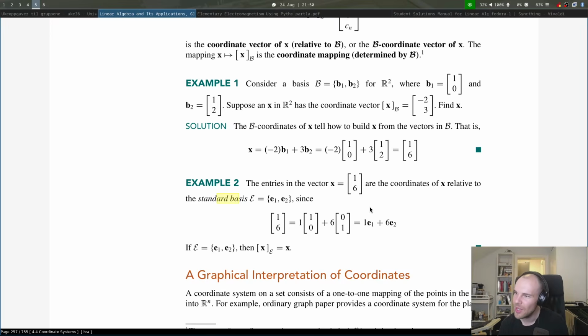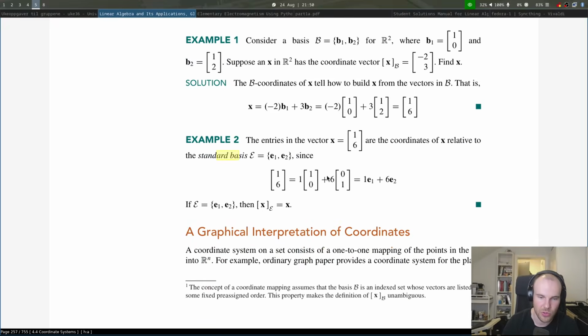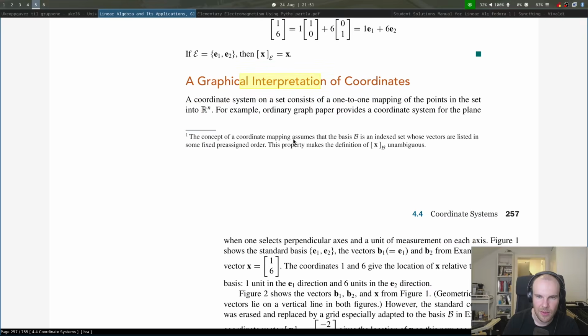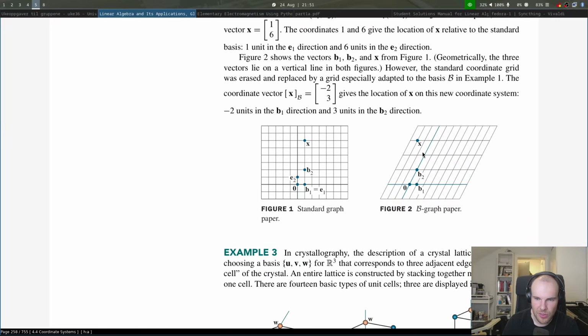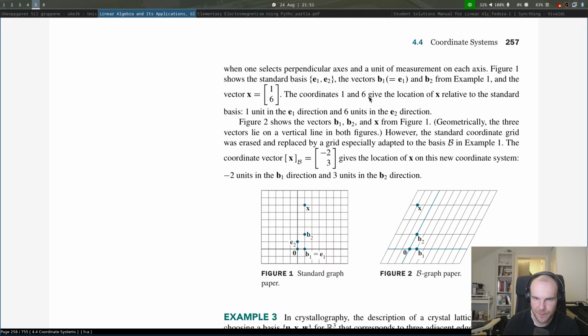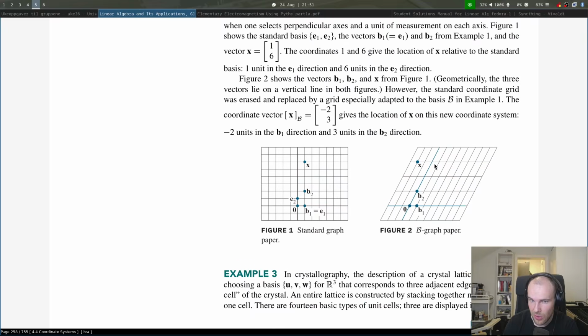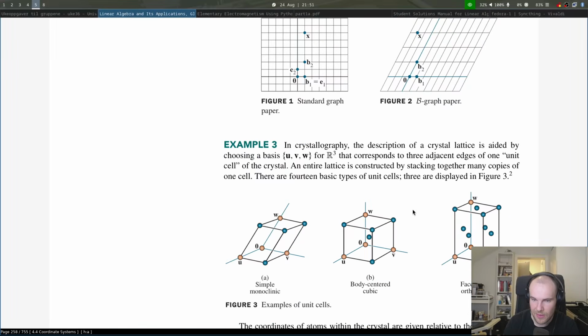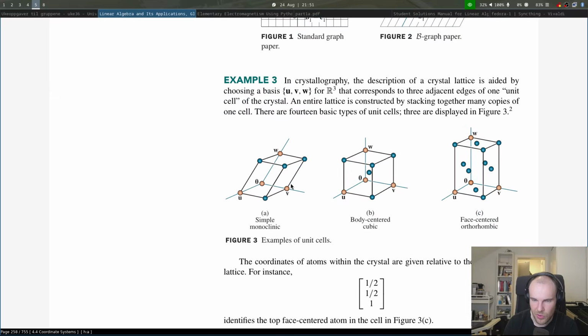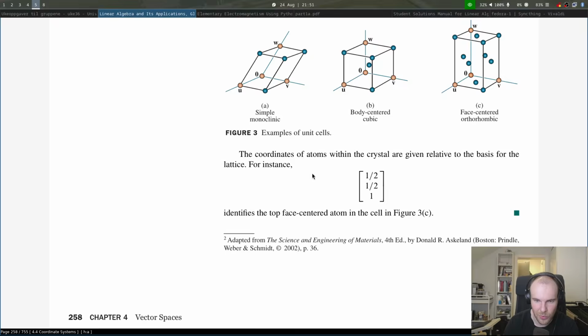There's maybe a coordinate system that's more skewed than the one that we're used to. So you can see now in this graphical interpretation, in our example, this was in terms of those bases that we had, but this is the standard basis. These are our bases, right? And it's skewed like this. This example also shows a bit about what this is about.